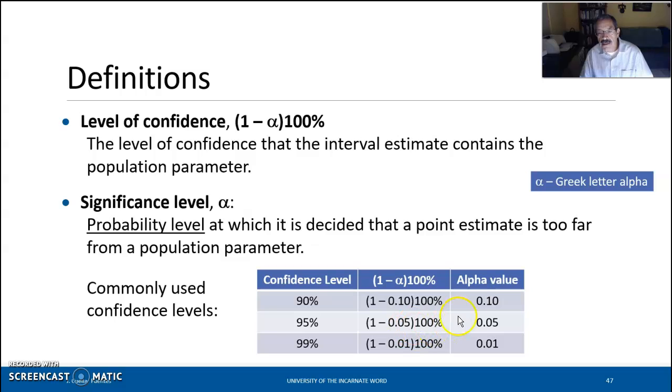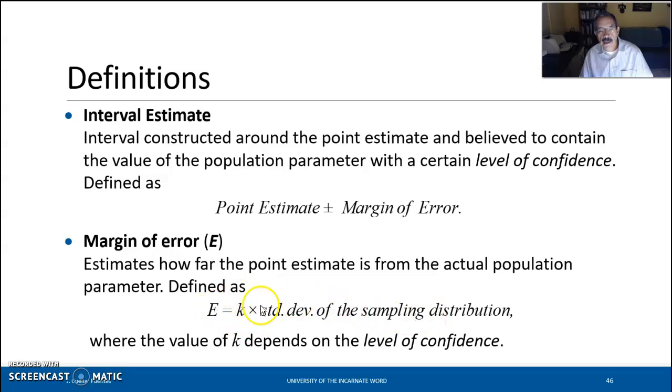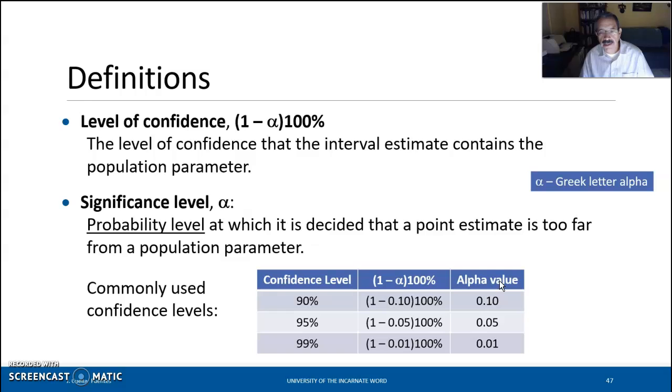So from that you can see that for a 90% confidence level, the alpha value is 0.1. For a 95% confidence level, the alpha value is 0.05. For a confidence level of 99%, the alpha value is 0.01. This is going to be helpful in determining this constant right here, as we will see in subsequent slides.